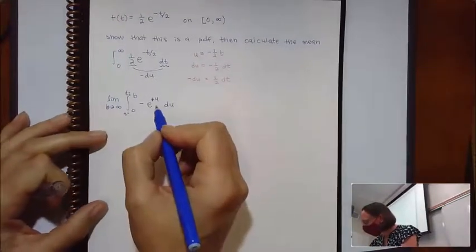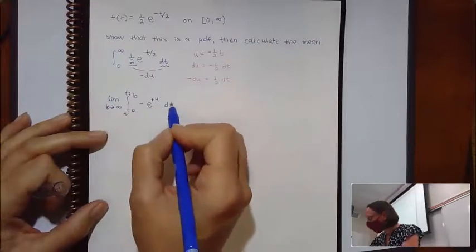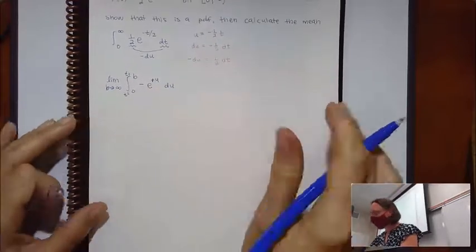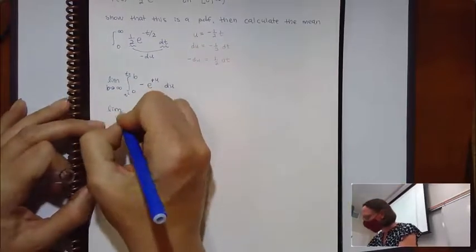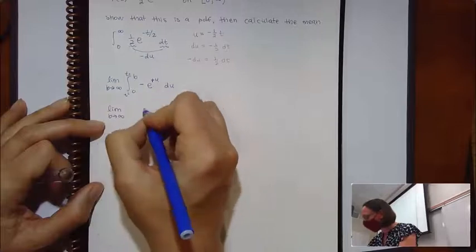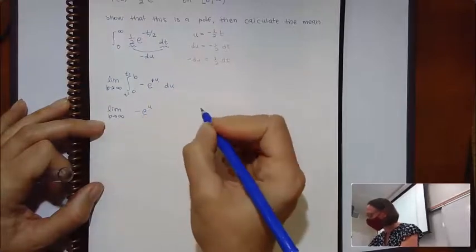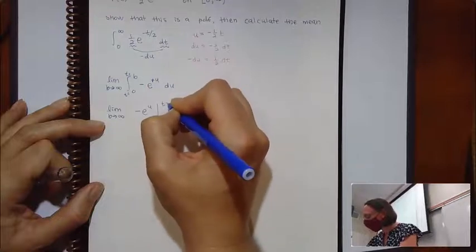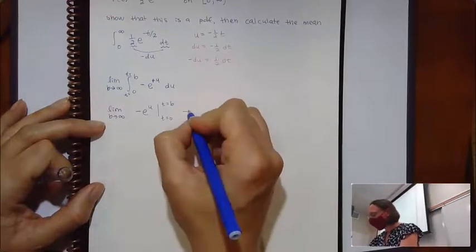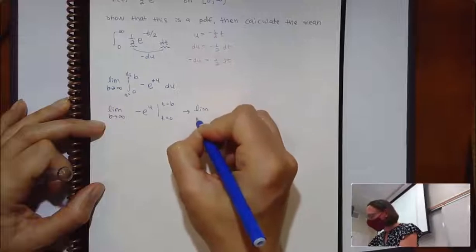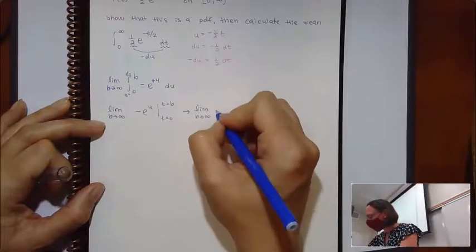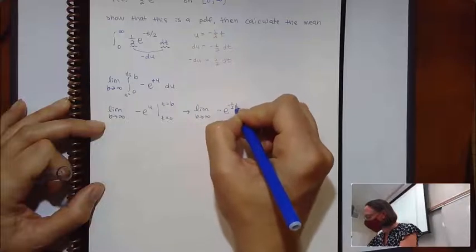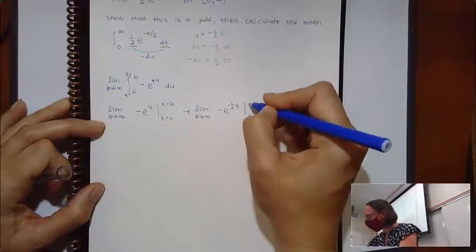So when I integrate this, I'm just going to end up with the same negative e to the u. But we're going from t equals 0 to t equals b. So I'm going to go ahead and plug back in to have negative e to the negative 1/2 t from 0 to b.